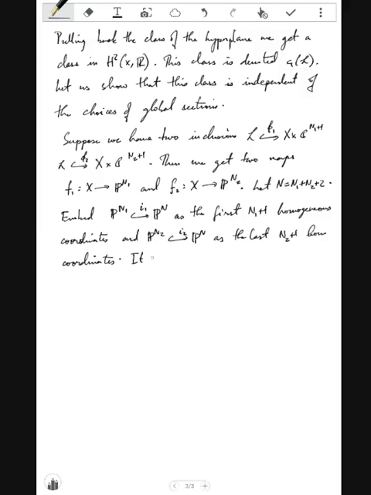It is clear that these are embedded as linear subspaces.